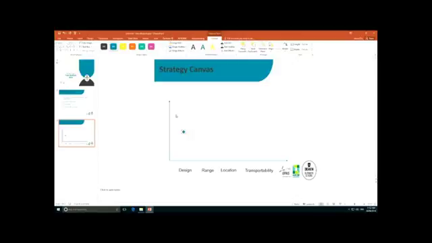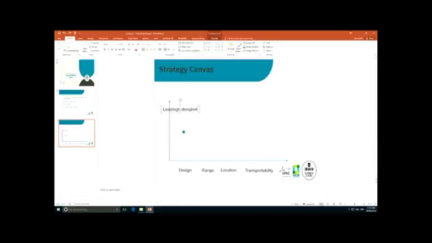They've got something. So here we might have, if I quickly insert a text box, if we had a leading designer, then they would be up very high here. That would be high.